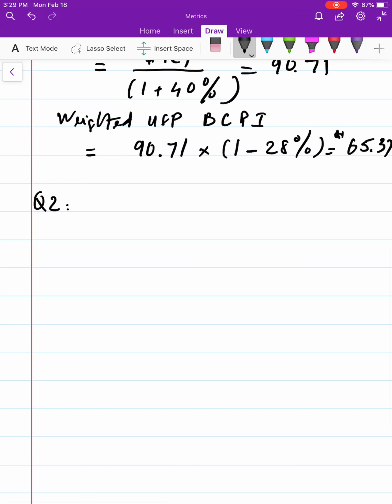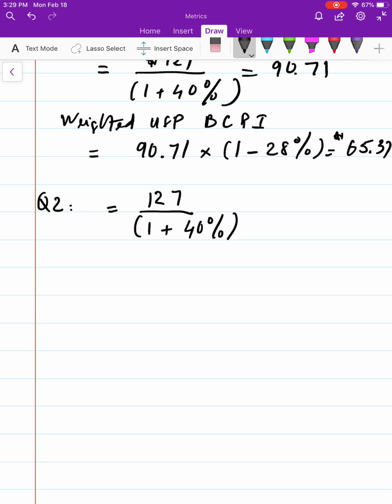Now, in order to do this, you will have the retailer price divided by 1 plus percentage markup on cost of the retailer, and times 1 minus the wholesaler markup on selling price. And of course the answer would be $65.31.